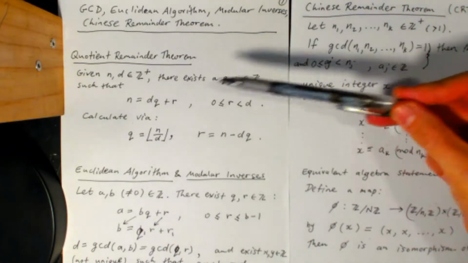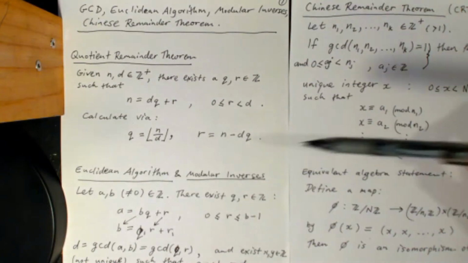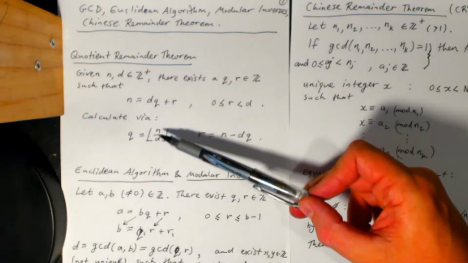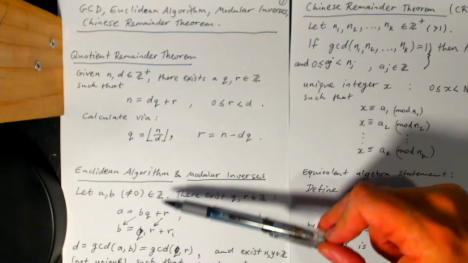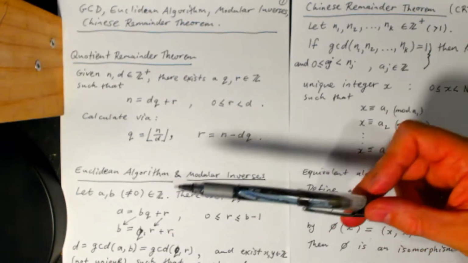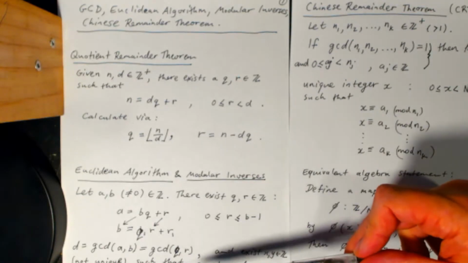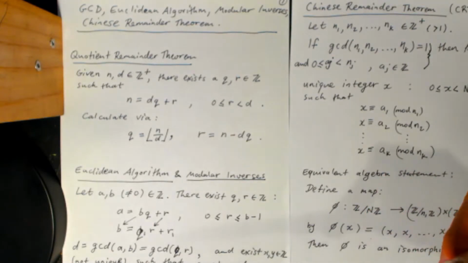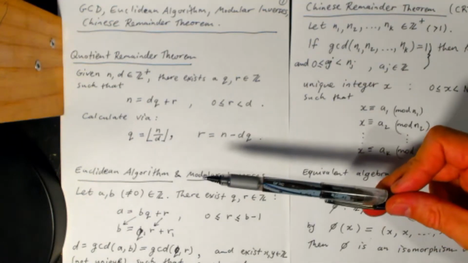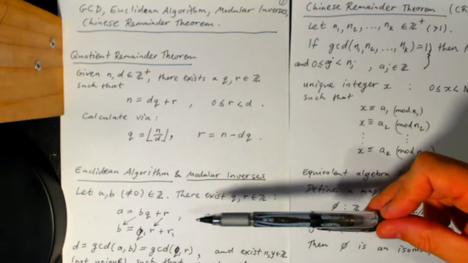Now, when we have an n and a d that are positive integers, the way we calculate the quotient is we divide n by d, and then we take the floor of the result. So if you have something like 5 over 3, for example, you would divide that and get a decimal number, which is 1.6 recurring.